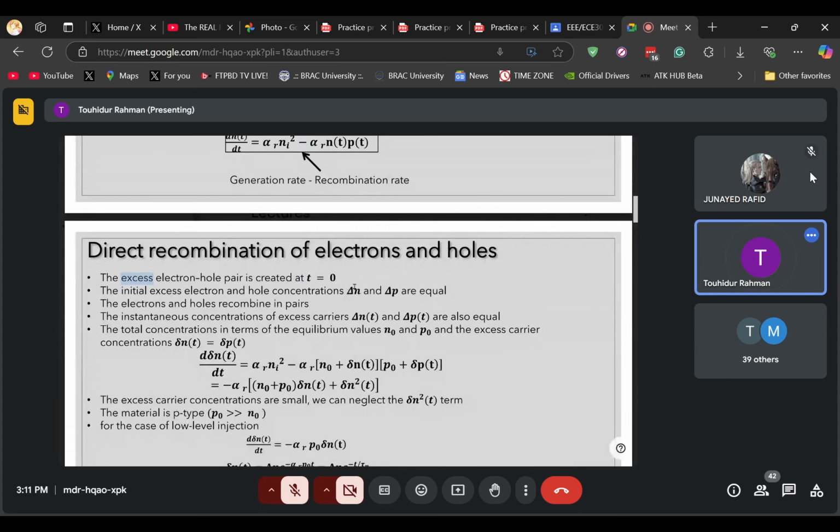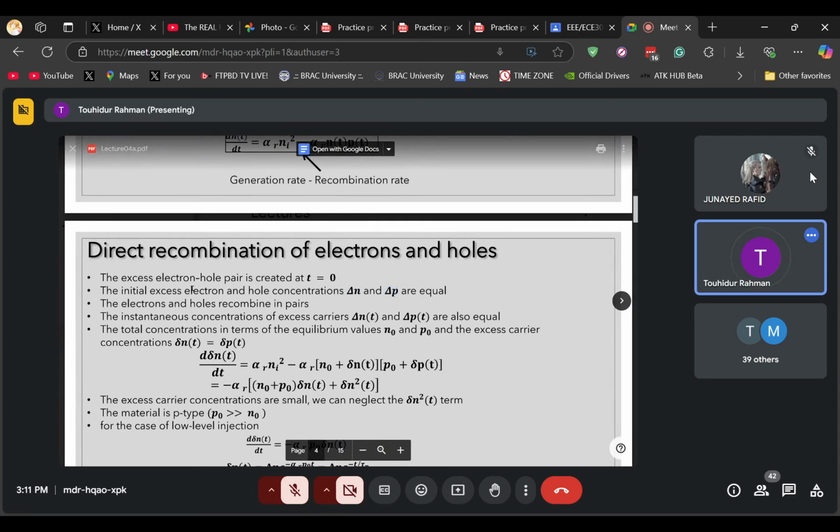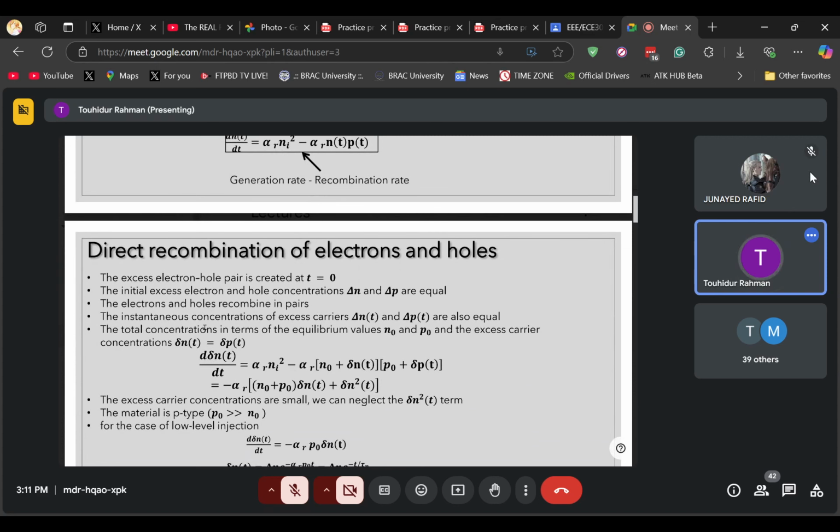At t equal to 0 we have delta n and delta p as the initial excess EHP, and they are generated in pairs. Now as time goes on, we cannot maintain this amount of excess carrier anymore, because just like my salary, I cannot maintain that amount. Over time it will decrease. So my bank account is a function of time, and similarly the excess carrier will also be a function of time.